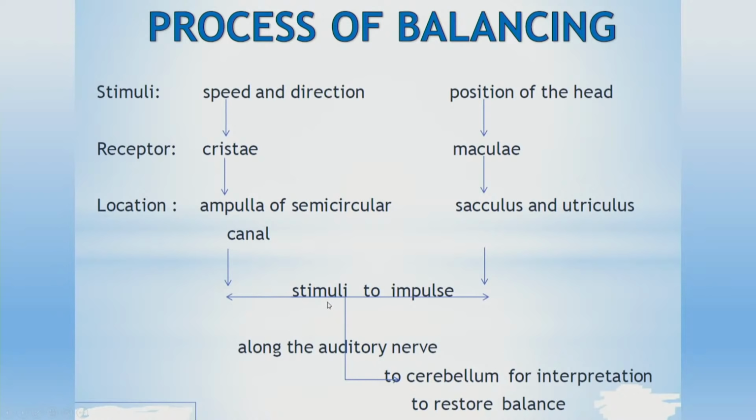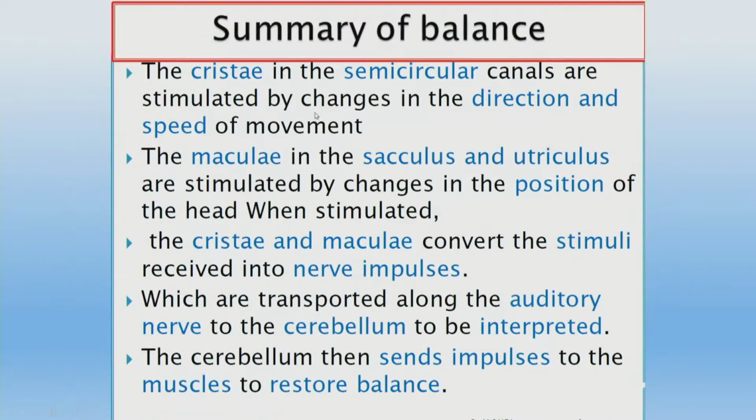After that, an impulse will be generated, the stimuli will be converted into an impulse. It will be transmitted along the auditory nerve to the cerebellum for interpretation, to restore what? Balance. So again, please make sure that you revise or drill this balance.